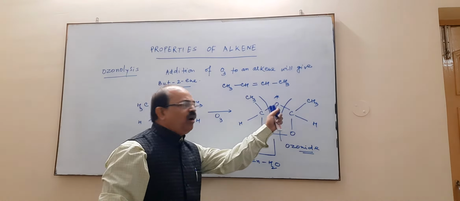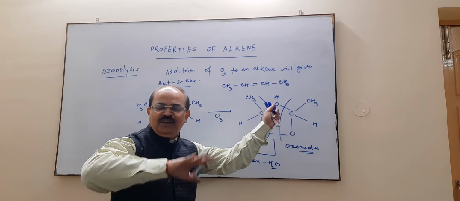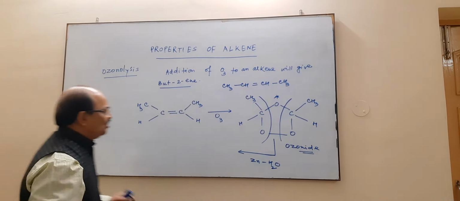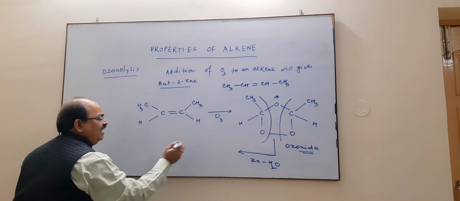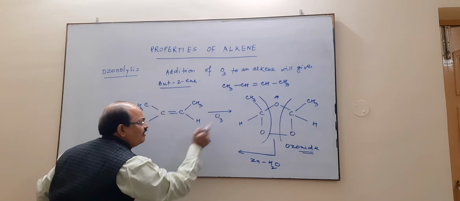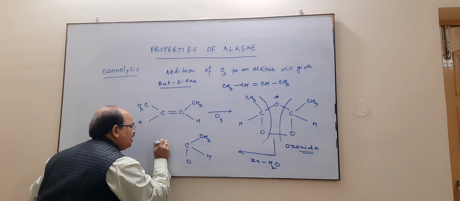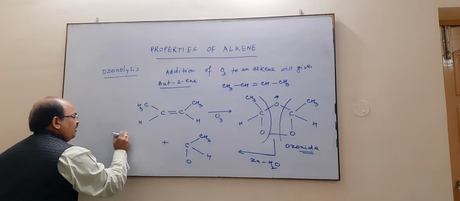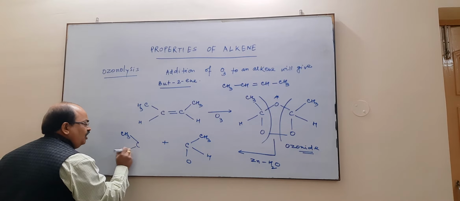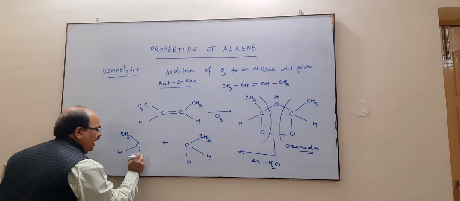So reduction is followed by removal of oxygen. The products are CH3CHO, and another product is CH3, CH, and then O.